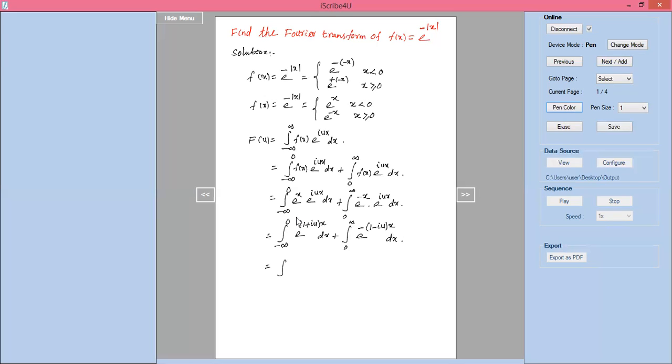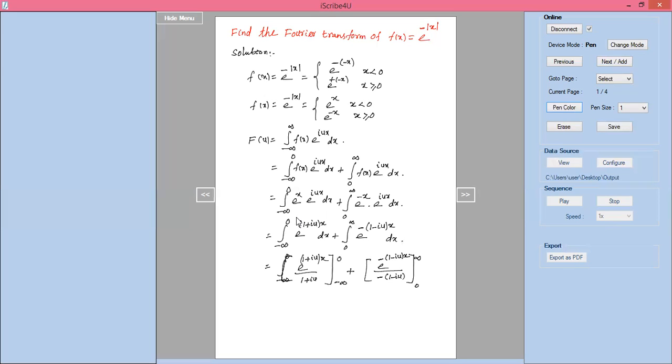Now, integration of minus infinity to 0. Here I'll directly integrate. Once you integrate, you get e power of 1 plus iu into x divided by 1 plus iu, limit minus infinity to 0, plus integration of e power of minus of 1 minus iu into x is e power of minus of 1 minus iu into x divided by minus of 1 minus iu, limit 0 to infinity.